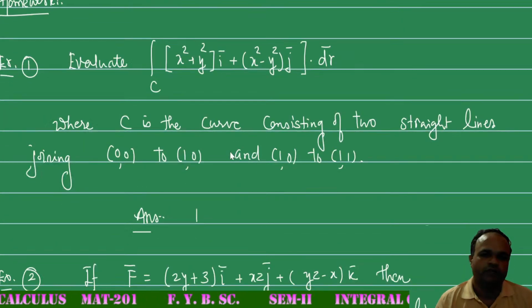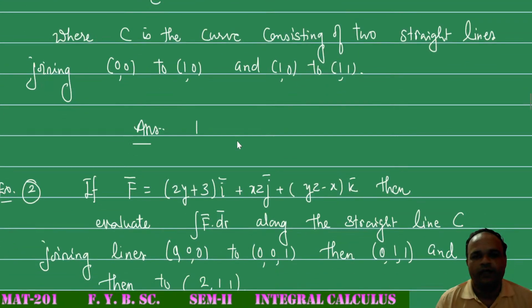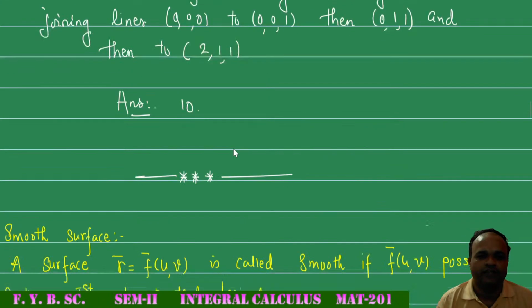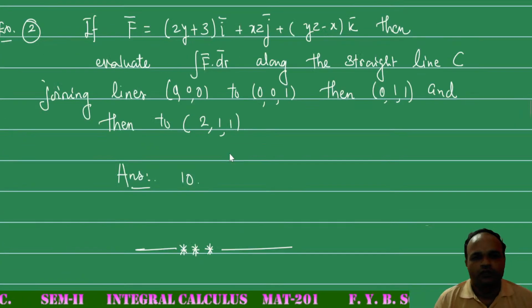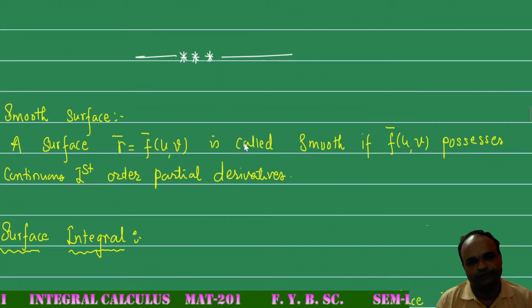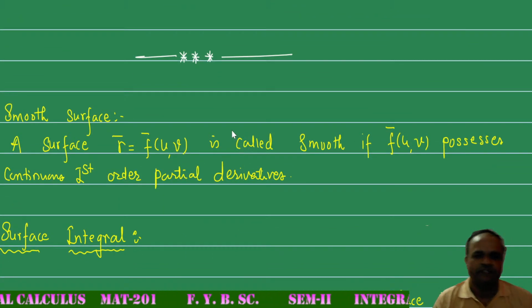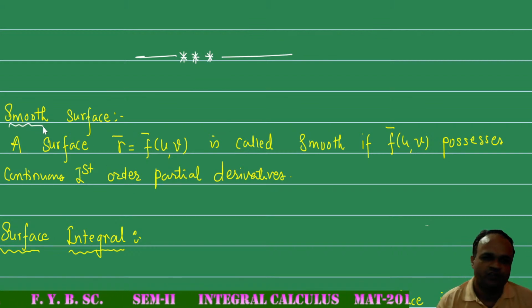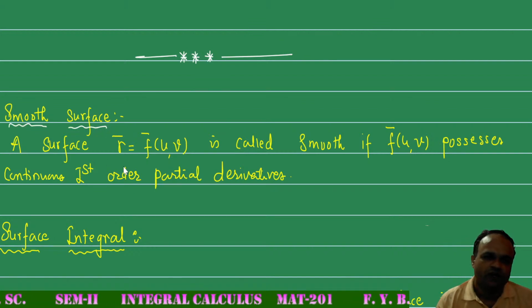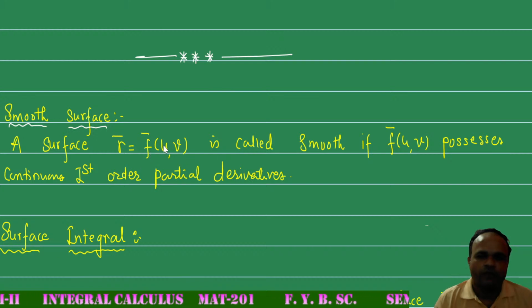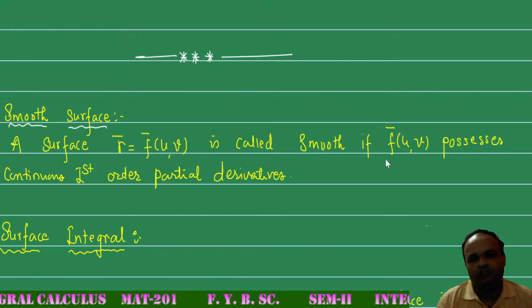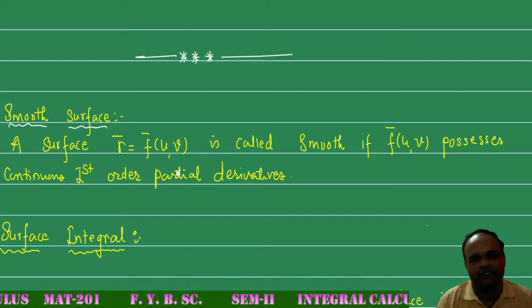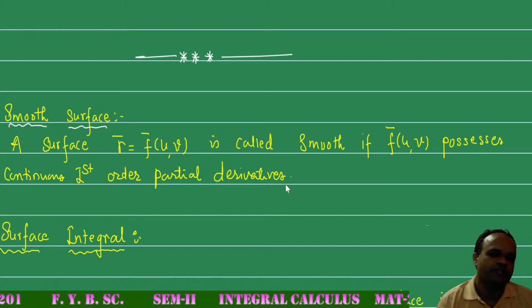Again, I will give two examples as homework on this topic, line integral. So this is about line integral. Next we'll see surface integral. Before that there is one definition, that is the definition of a smooth surface. A surface R bar equal to a bar(u,v) is called smooth if a bar(u,v) possesses continuous first order partial derivatives.